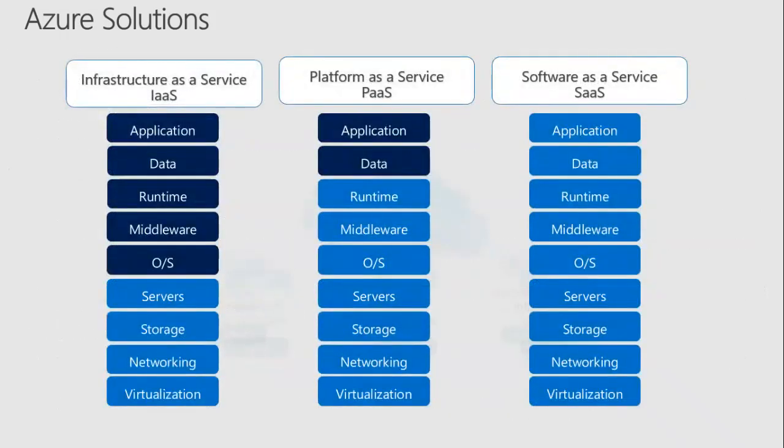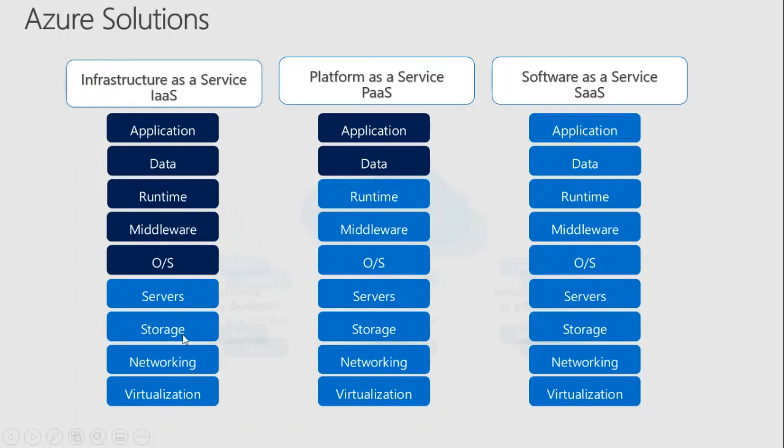Okay, so here we have given the comparison. What is the IaaS, what is a PaaS, and what is a SaaS? If you see, in infrastructure as a service, we just need to worry about our application, our data, our runtime, our middleware, our operating system. That's it. This is only from the end user point of view.